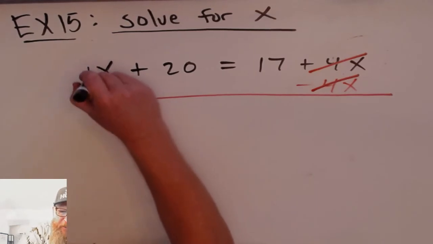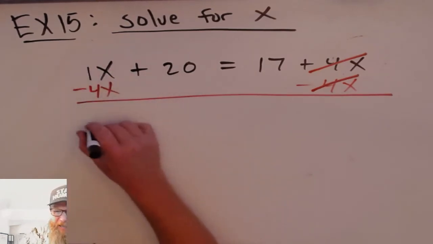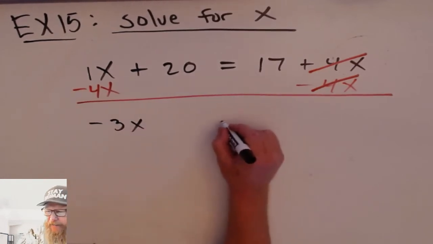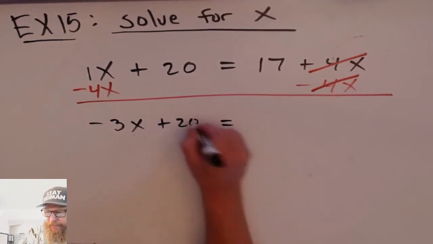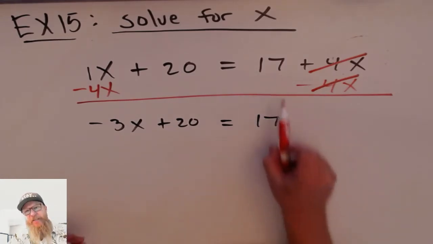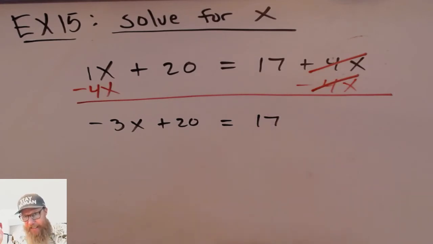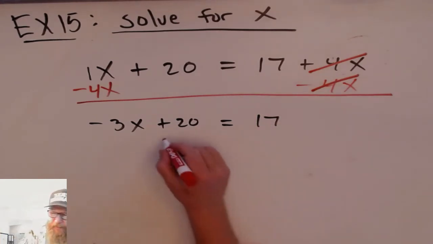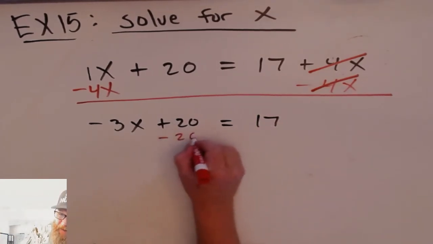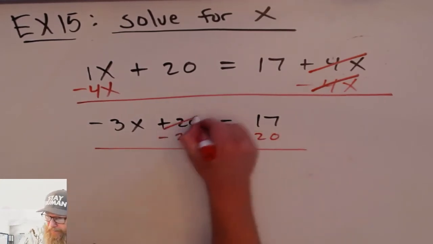All right, remember there's an invisible 1 here. So you've got 1x minus 4x, that's negative 3x. Okay. If there was nothing left over here, I would put 0, but I still have a 17, so I'm not putting 0 yet. And now I'm going to subtract 20. Yeah, the opposite of positive 20 is negative 20.